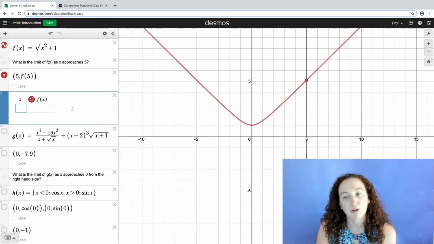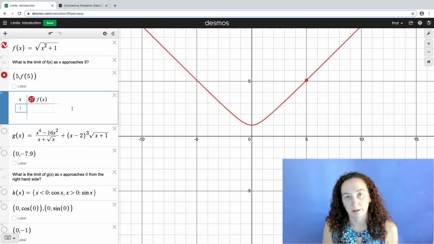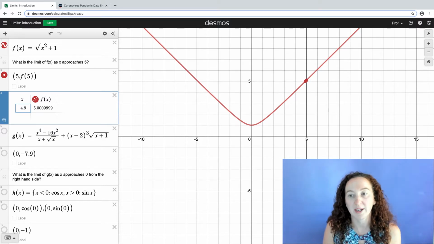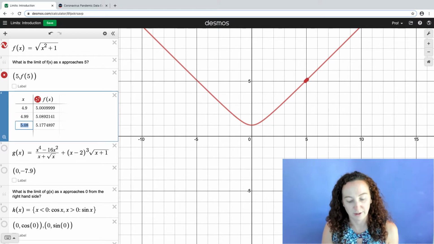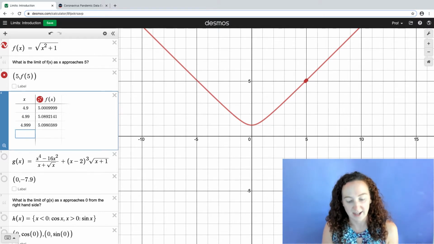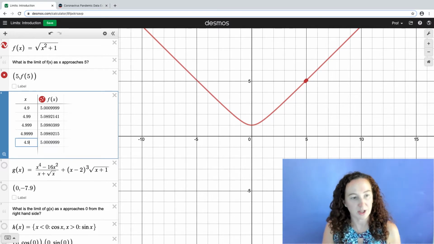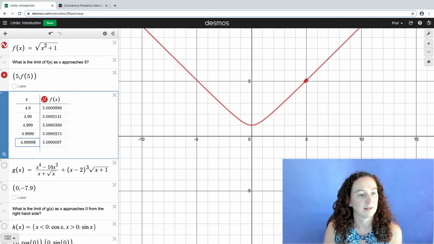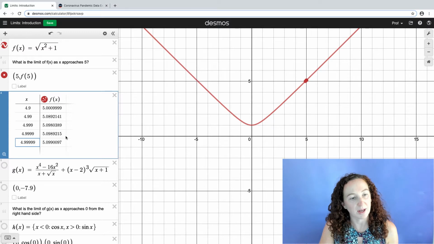I want to pick values close to 5, but on the left-hand side, so that's smaller than 5. So why don't I start with 4.9, then 4.99, 4.999. And I'm going to keep on getting closer and closer. What I want you to notice is that my values stop changing so much. They stabilize.